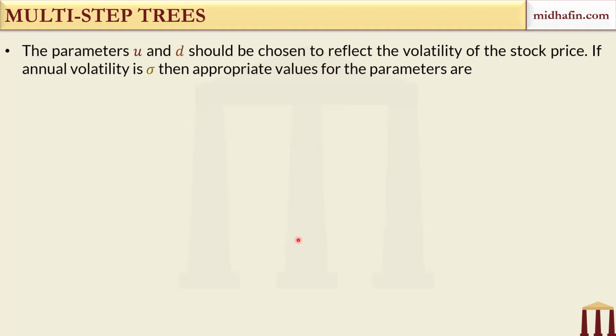So these parameters U and D should be chosen to reflect the volatility of the stock price. Now, one of the good models to estimate U and D are simply these. U is equal to e raised to the power sigma square root of delta t. D is equal to e raised to the power negative sigma square root of delta t. This is how we calculate U and D, Vedant.